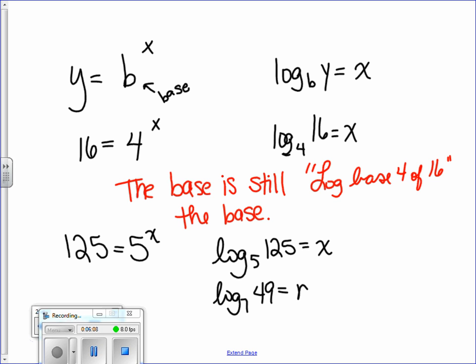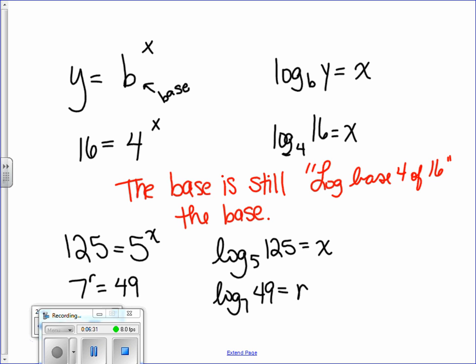What would this one look like as an exponential function? So that's just interchanging it, okay? That's just going back and forth. That's how you go back and forth.